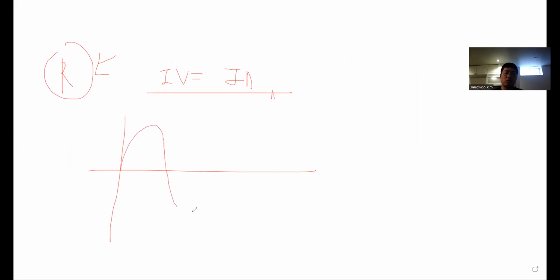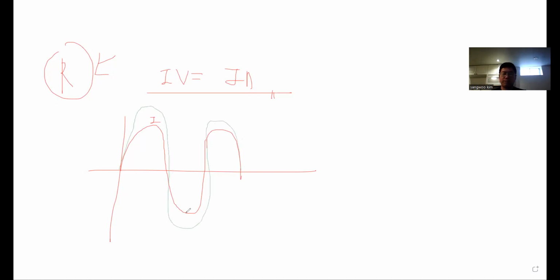What I want to say is, in a pure R circuit, V and I are in the same phase, which means there's no angle difference between them. The only difference is the dimension. So we could draw I and V like that, right?